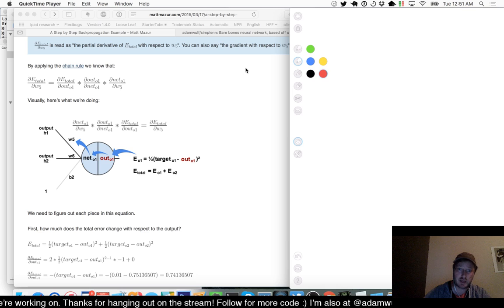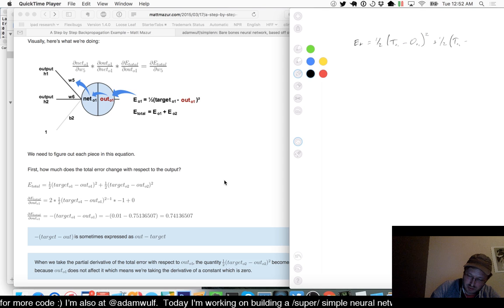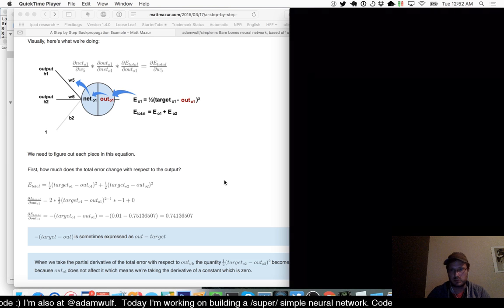Okay, so what he's got is, can y'all see that okay? So E total is equal to 1/2 of (target O1 minus output O1) squared, plus 1/2 of (target O2 minus output O2) squared, right?